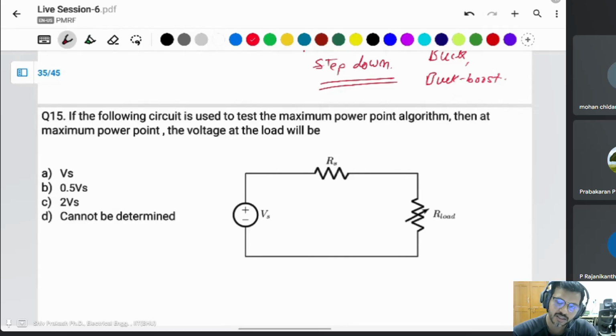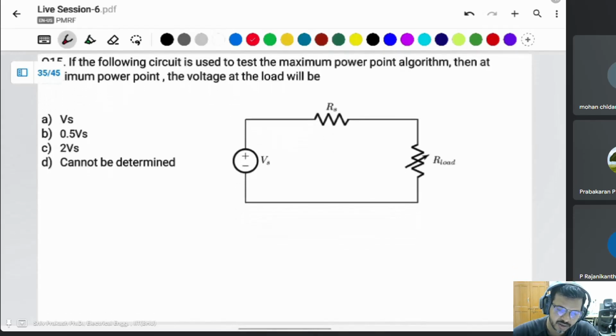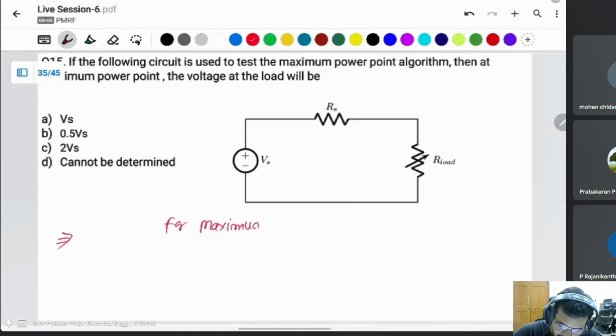What is the voltage at the load side? You know, for the maximum power tracking, by the maximum power transfer theorem, load is equal to RS. There will be half power and voltage also half. Simply apply a voltage divider.